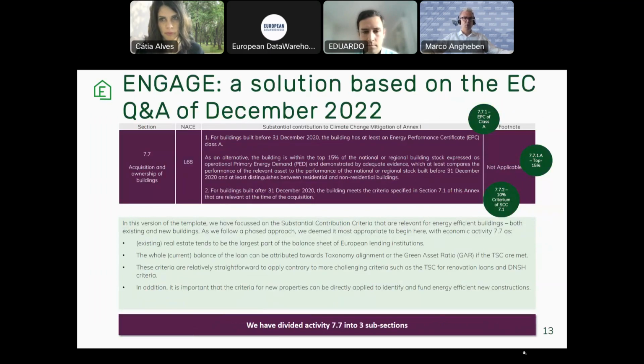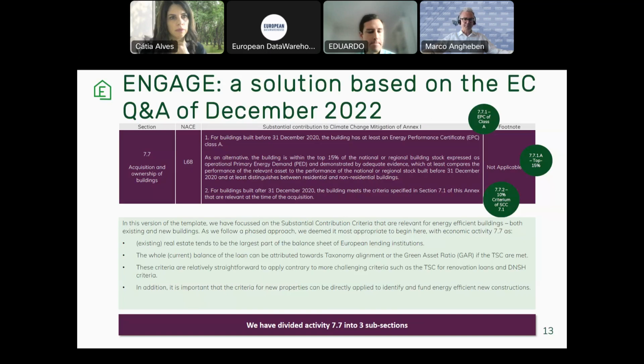Okay, so in terms of the acquisition and ownership of the buildings here, and the specific fields in terms of the substantial contribution to the climate mitigation, and this is Annex 1, we have focused on the substantial contribution, both for existing and also new buildings.